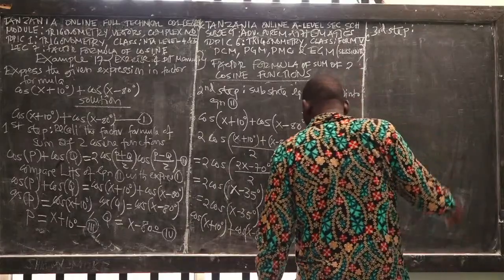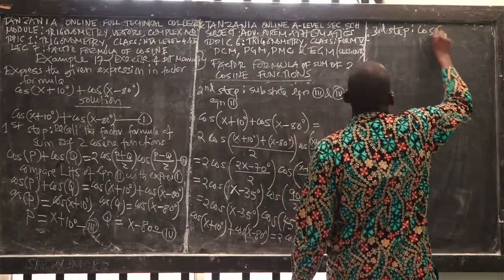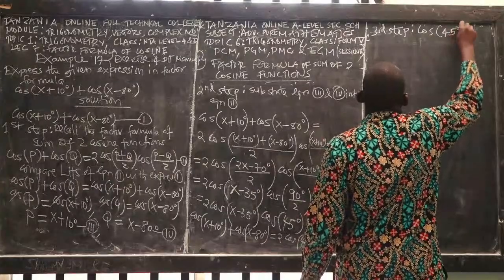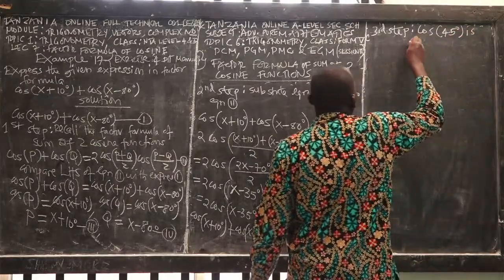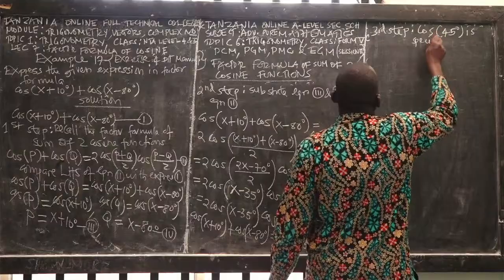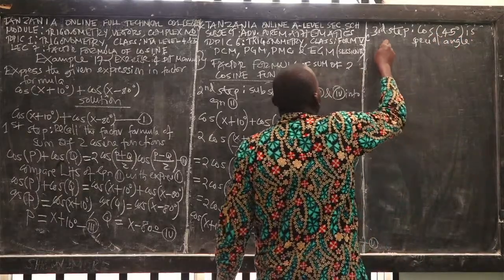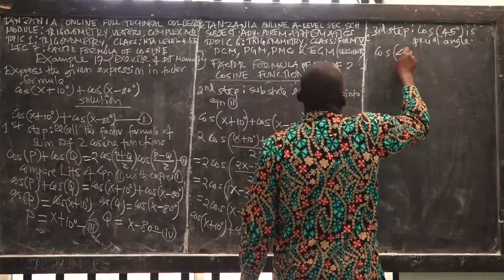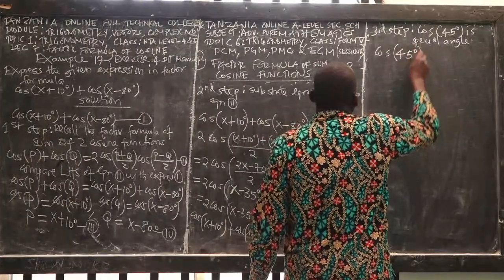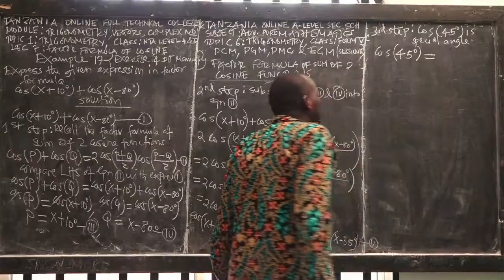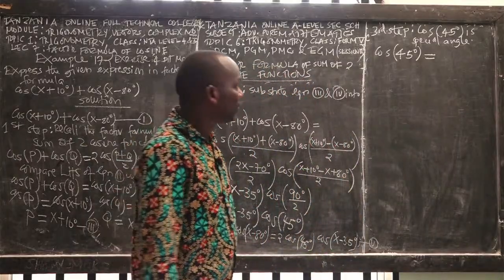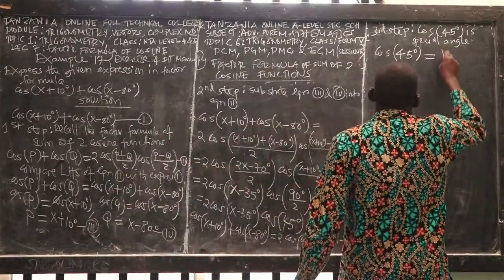So cosine of 45 degrees is a special angle. We know its value. So you may use your scientific calculator or any trigonometrical methods of determining the value of cosine of 45 degrees.